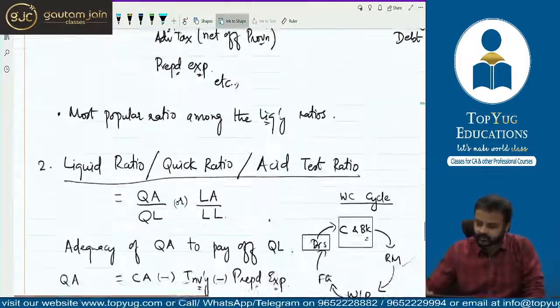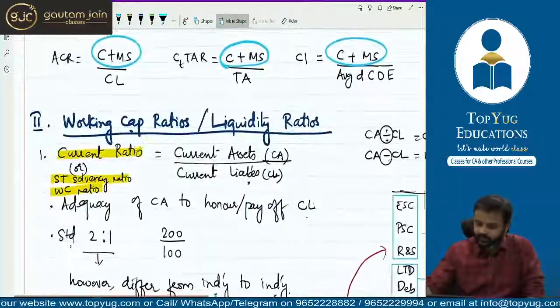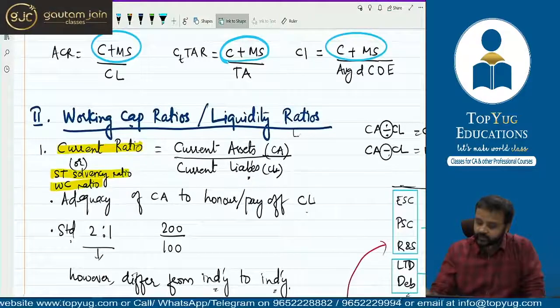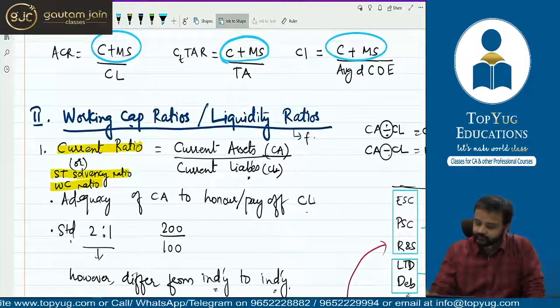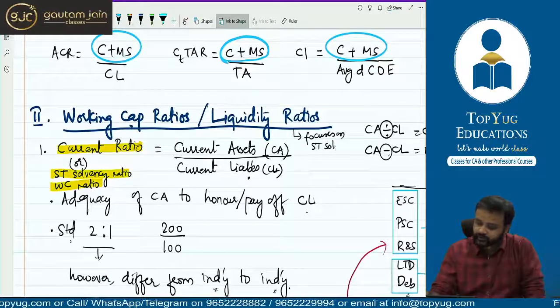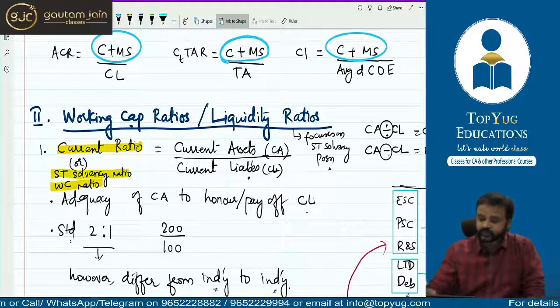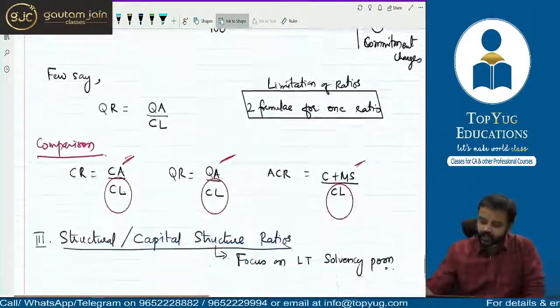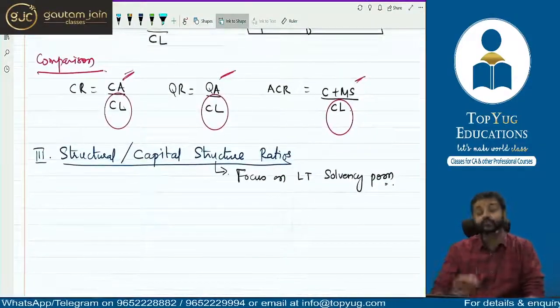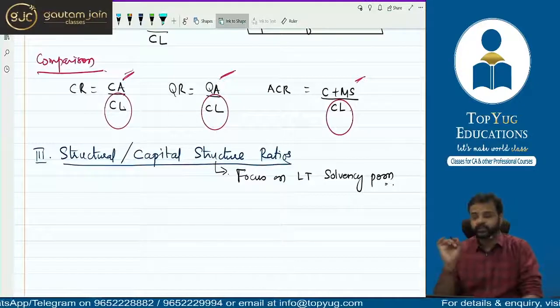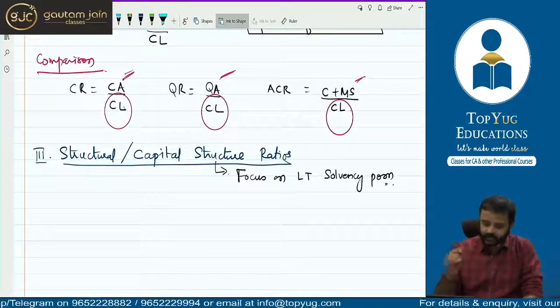I'll just write it. Focuses on short-term solvency position. Okay, this is liquidity ratios. And when we are talking about capital structure ratios, that means we are focusing on the long-term solvency position.